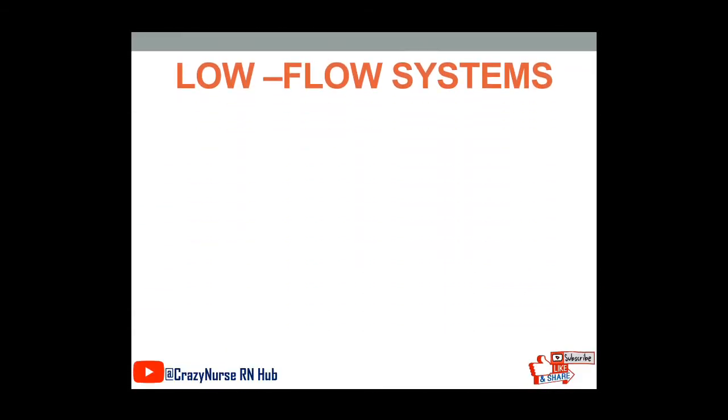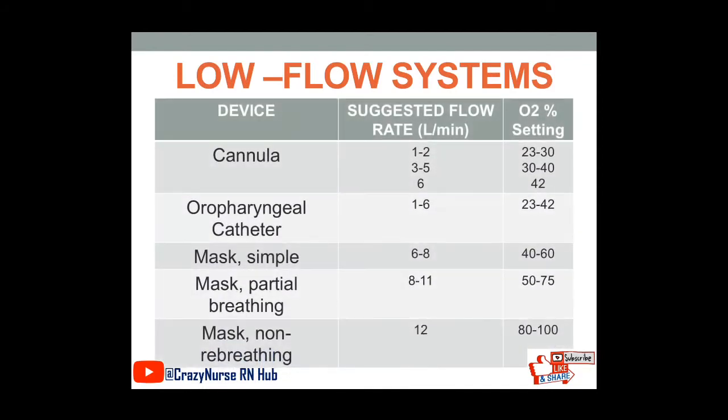So let's have the oxygen administration devices under your low flow systems. For the device, we have your nasal cannula. The suggested flow rate for this is 1 to 2 liters per minute, and the oxygen concentration that it could give to our patient is between 23 and 30%.